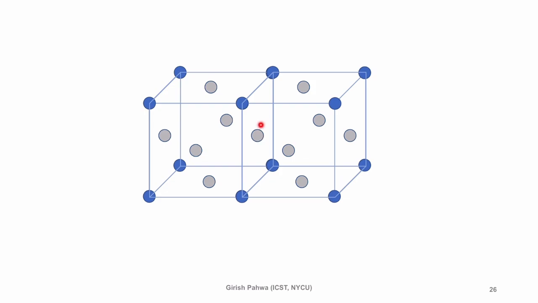I can see 1, 2, 3, 4, and so 2, right? This line will give you two neighbors. 4, so there is a plane. Look at this plane. This distance and this distance are equal distance.